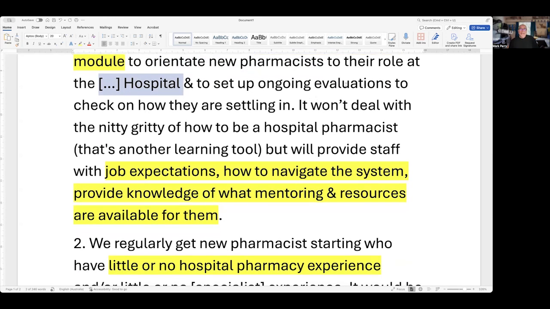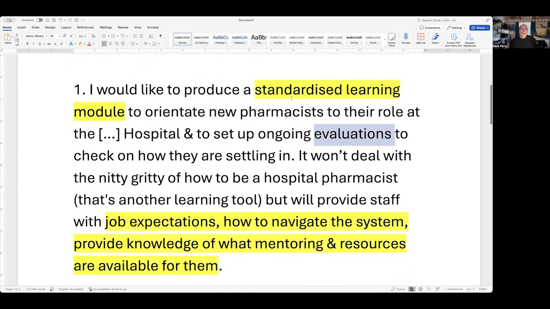Evaluations, I'm assuming they're patient evaluations to check on how they are settling in. Oh, no, hang on. No, they're evaluations of the pharmacists. They're new to a workplace. So all of a sudden we've got insight that there's more going on, that the learning can only cover so much. There's business processes and policy procedures that are available to the staff.